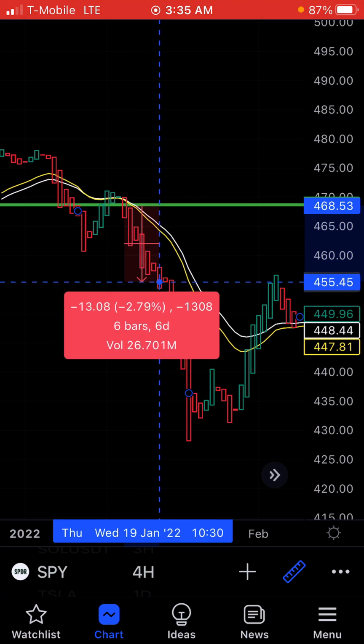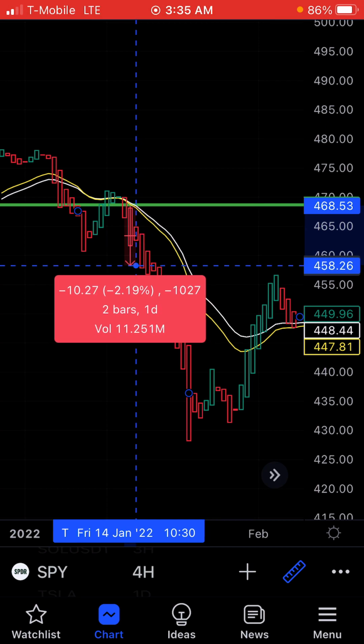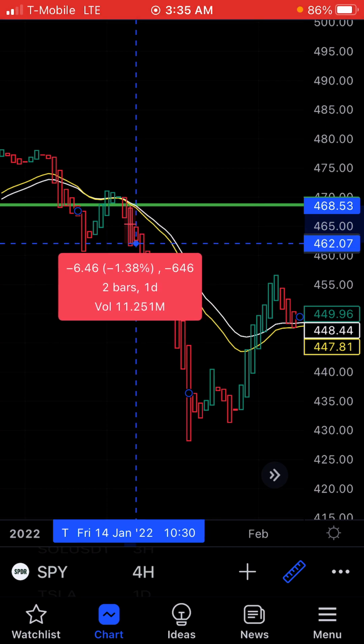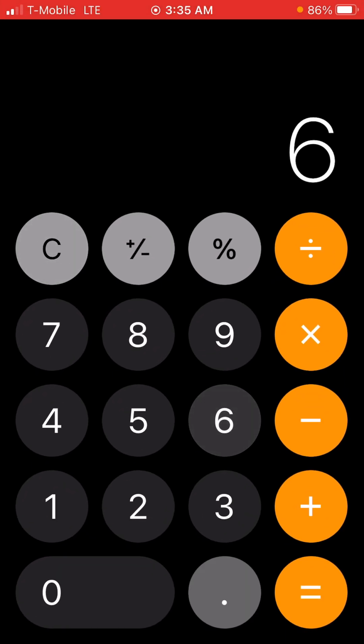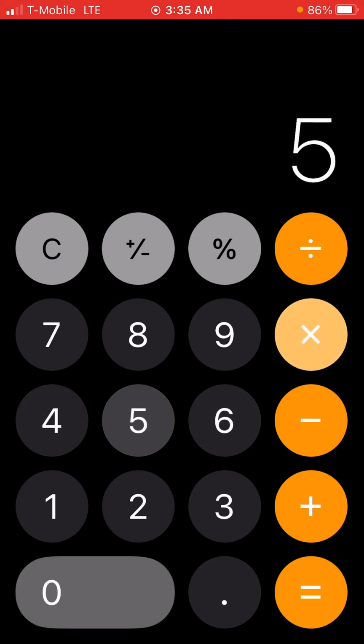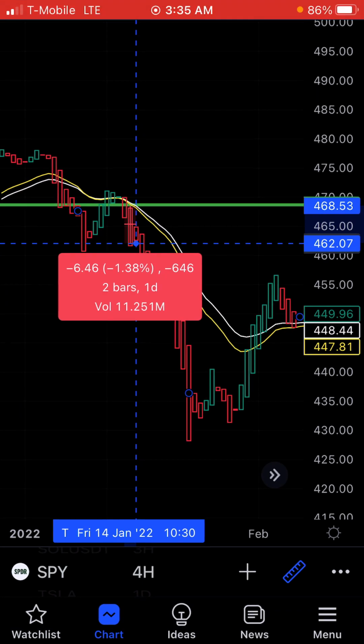So 6 days, 5 days, 4 days, 1 day. So 1 day, it's a price difference of $6.46. 6.46 times 50. You got $323 in 1 day.